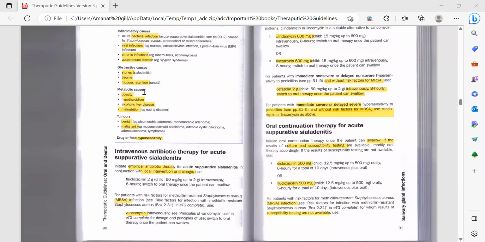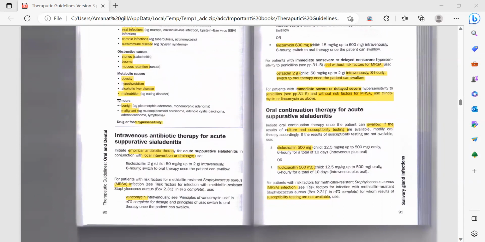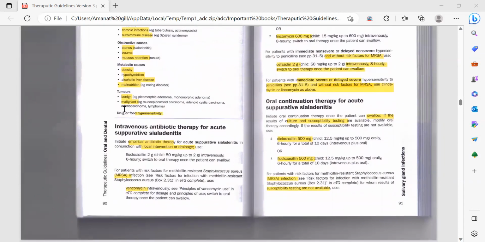Then the other causes could be metabolic, like if the patient is obese, or has hypothyroidism, you know that those patients have an oval and round face, and even alcoholic liver disease or malnutrition. Then there are some types of tumors that can also lead to swelling of salivary glands.